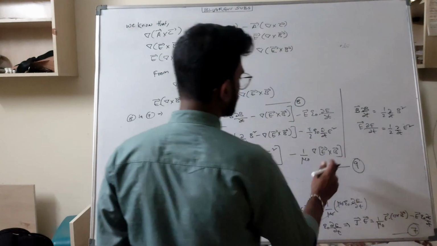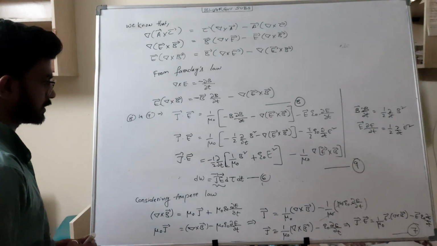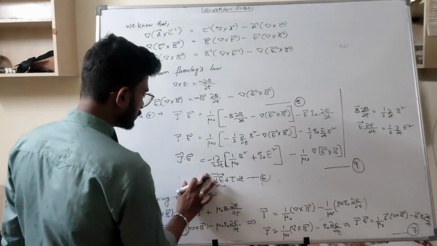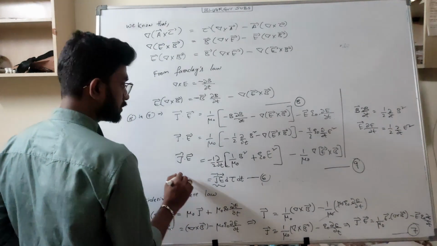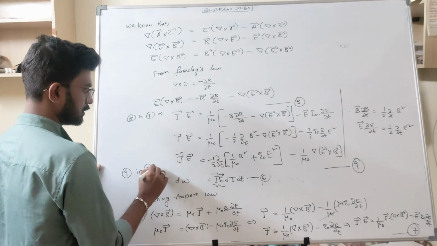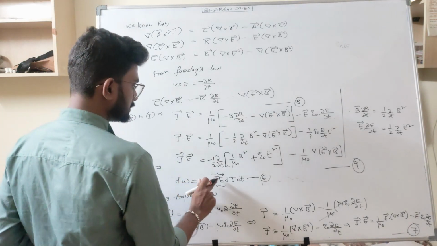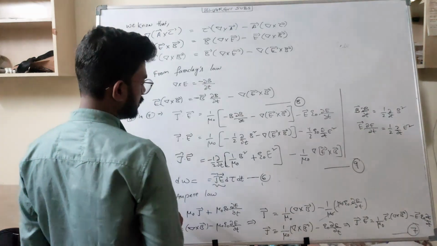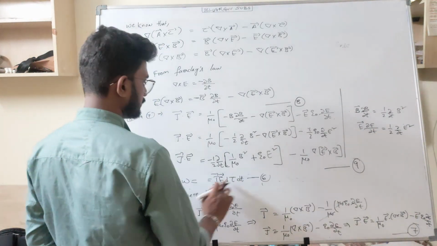So this was equation 9. I have to substitute this 9 in the 6th equation, which was dW. So I write dW here as J into E dτ dt. So J into E, what I got, this value.